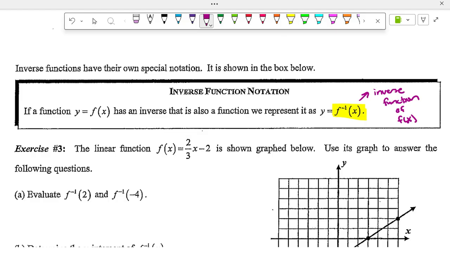So this becomes 1 over f of x. Let me ask you this. F of x times 1 over f of x, what will happen? So if I do f of x over 1 times 1 over f of x, what happens?